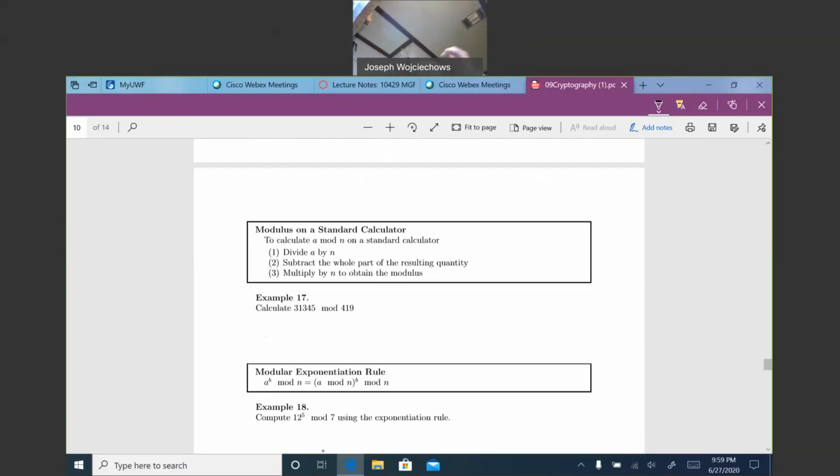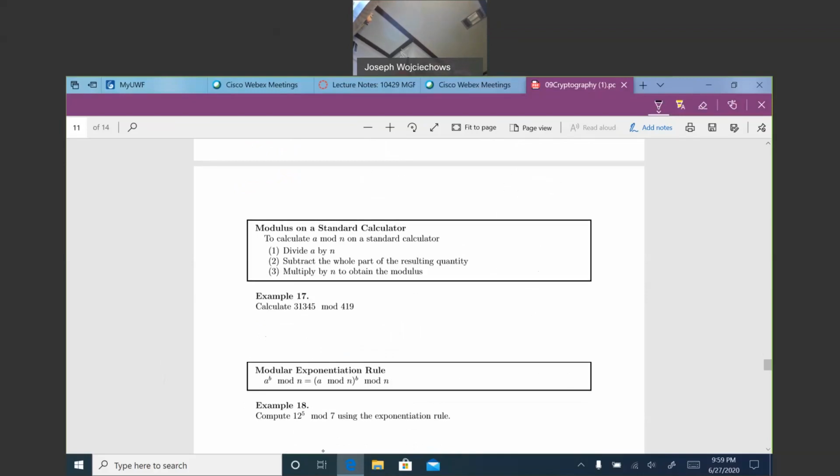Now, some of these numbers get a little large. So, to calculate A mod n on a standard calculator, divide A by n. So we're simply going to say 31,345 divided by 419, and I get 74.0890691.